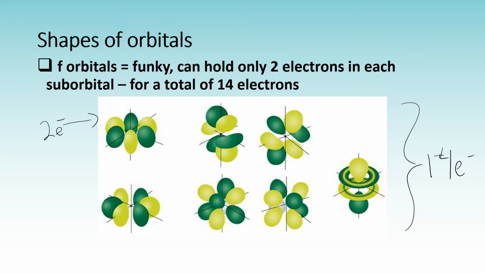This one starts on the 4th energy level. So we'd have 4f for all of these, and they would follow different planes on our axes there. So you'd have 4f and 5f and build up from there. All right. So our s orbital starts on the first period, our p starts on the second, our d starts on the third, and f starts on the 4th.